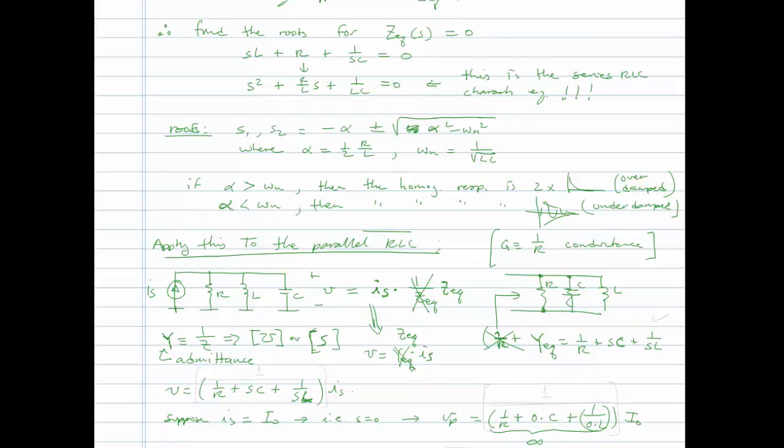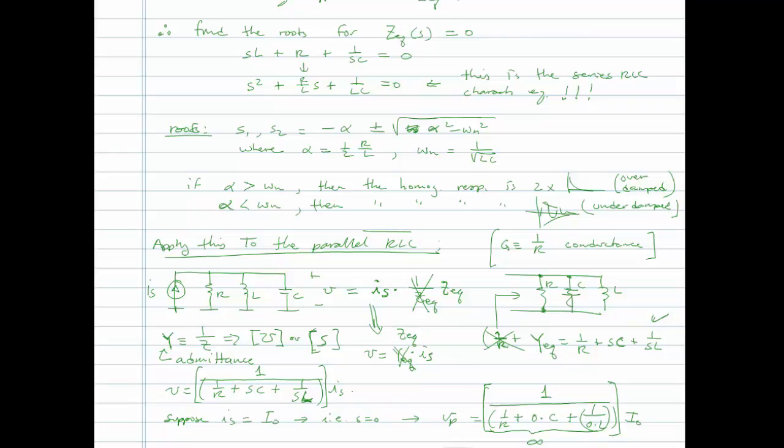Now, this is correct: the admittance is 1 over R plus SC plus 1 over SL. However, when I express my voltage in terms of my current, I need to do impedance times I_S, or I have to do 1 over admittance, right? So this is what I need to do. And here, finally, I have to correct this. It should be like this. This makes a lot more sense.